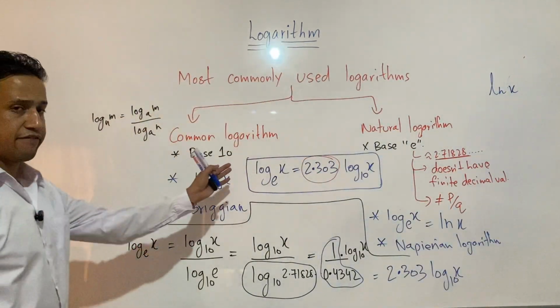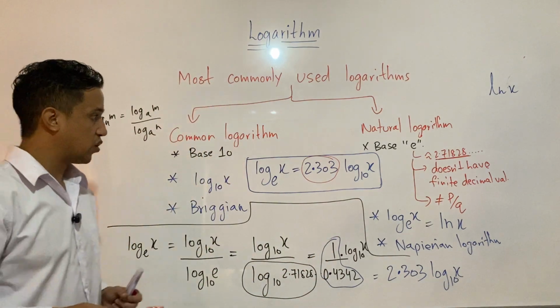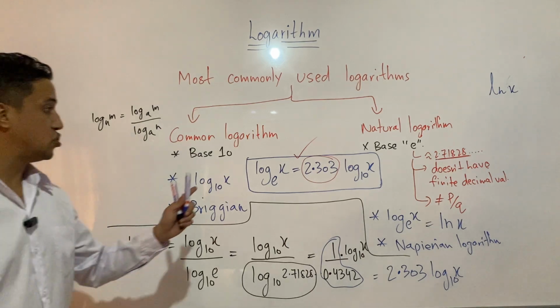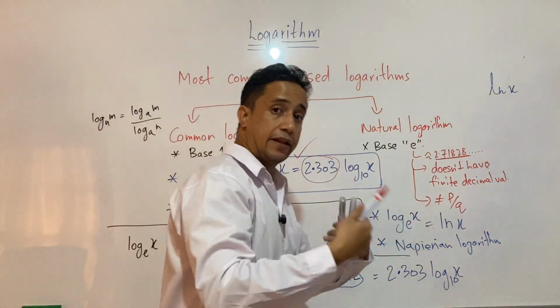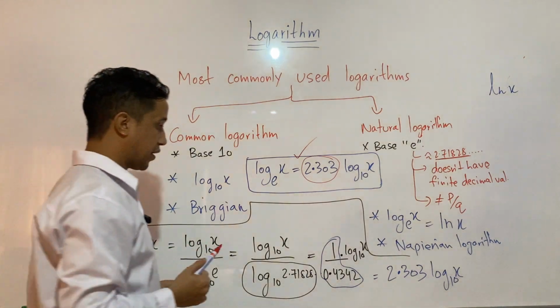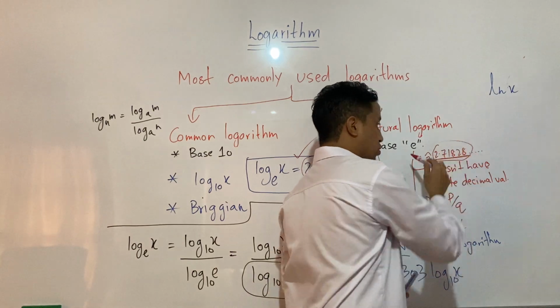So these are a few things that you have to remember and understand. This conversion is very important. You will find its role in some other fields too, like in physics and chemistry. Then this E is very, very important.